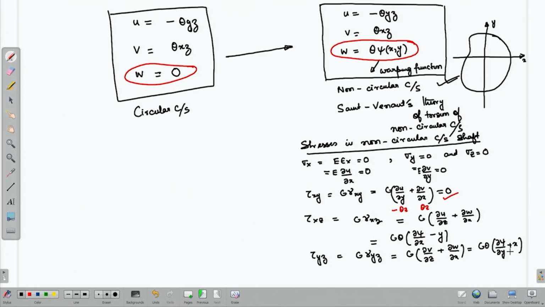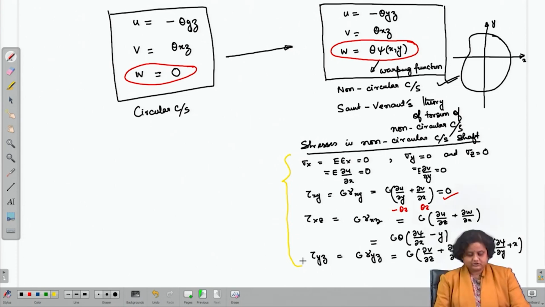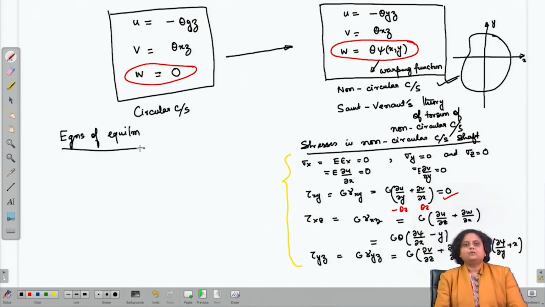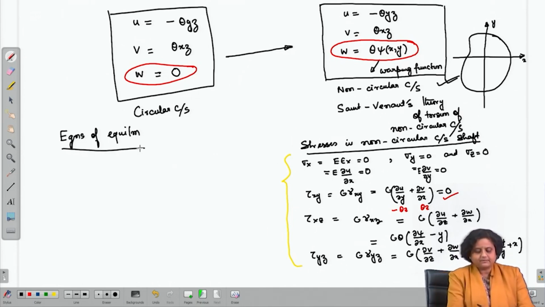Now, similar to what we did in the last lecture, let us see whether this state of stress satisfies the equilibrium condition. So, let me write down the equations of equilibrium and see whether this state of stress satisfies them.